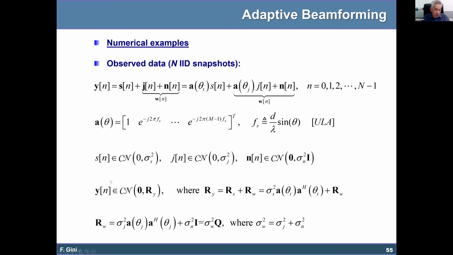So each snapshot is a Gaussian vector with zero mean vector and covariance matrix Ry, that is the sum of the signal plus disturbance. And the covariance matrix of the disturbance is the covariance matrix of the jammer plus white noise. So you can express it in this way, where sigma W squared is the total disturbance power, jammer power plus noise power.